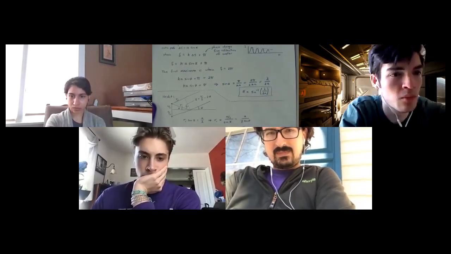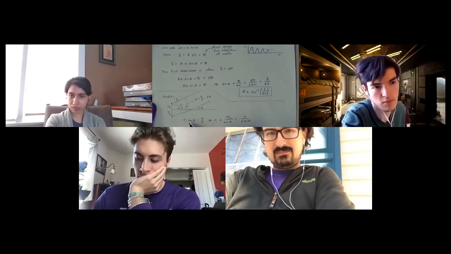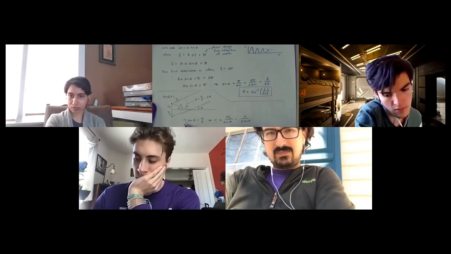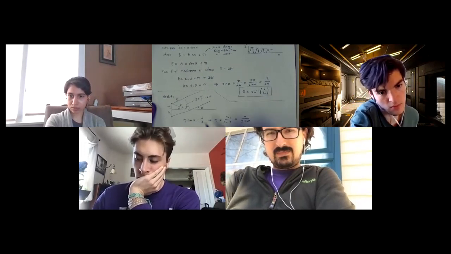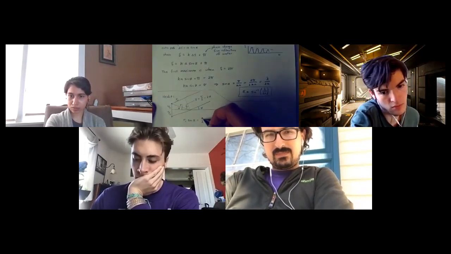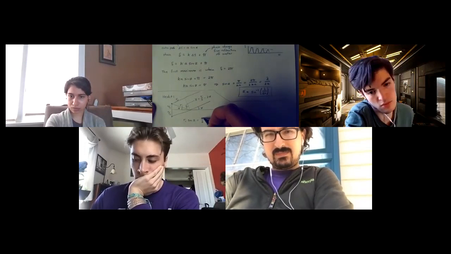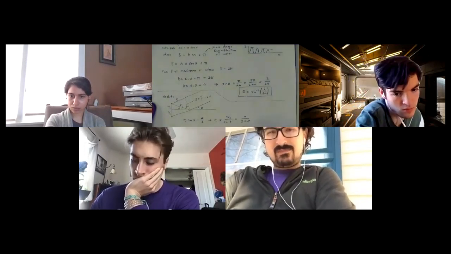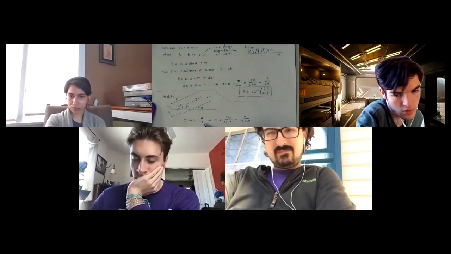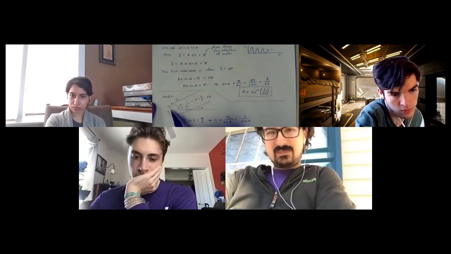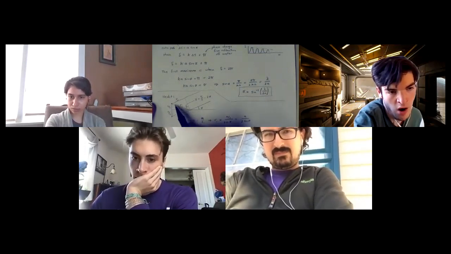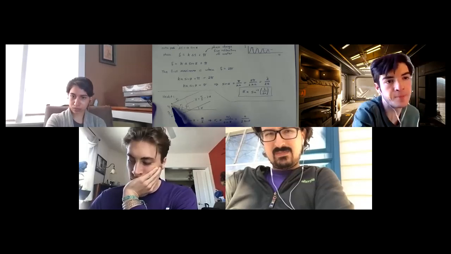Wait, no, let me say that again. R1 times the sine of alpha is A over 2. Not writing things very clearly here, but that's A over 2. So that's just looking at this little triangle right here. R1 times the sine of alpha is A over 2.